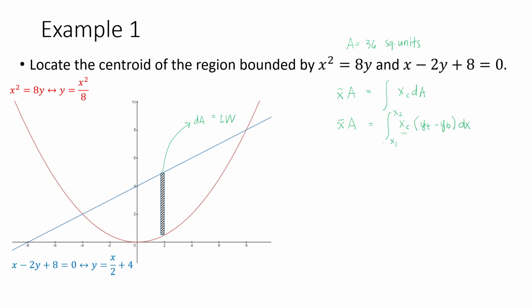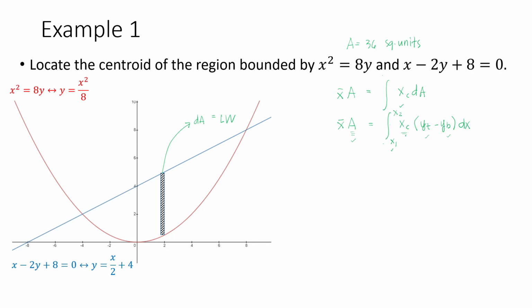So again, since we know A, A will go in this area here. And again, since we are solving for bar x, we have a known value for A. We have a known value for y top and y bottom, and also for x1 and x2.